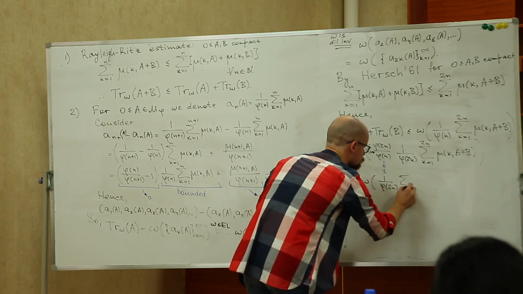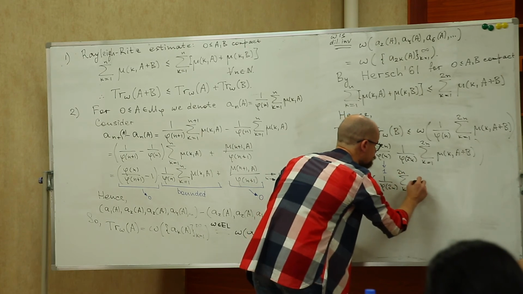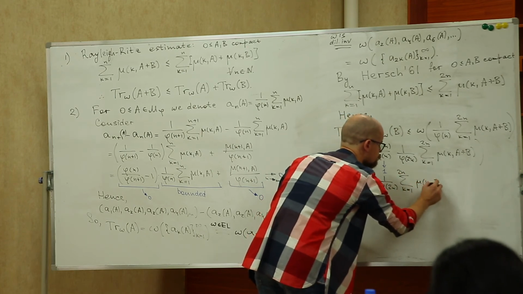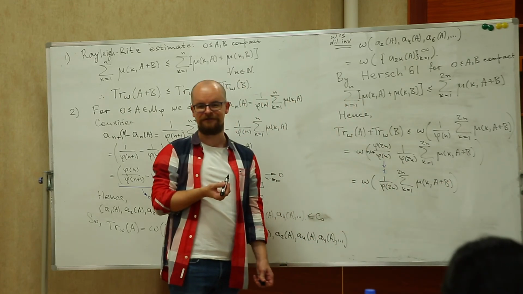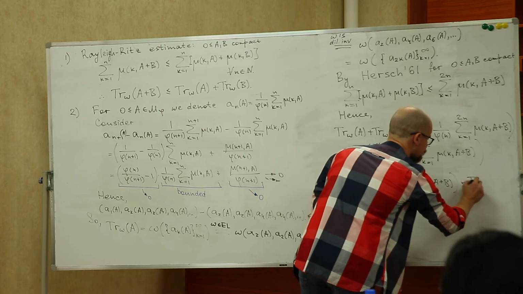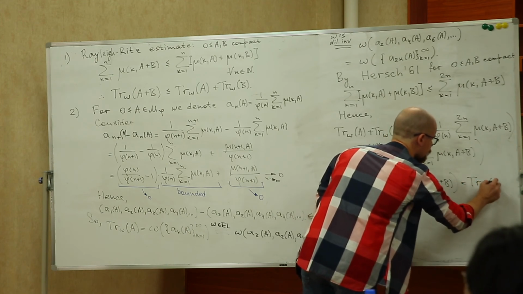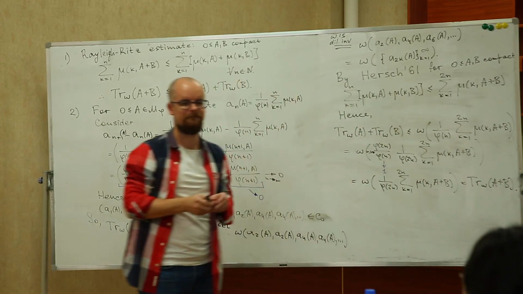2n, 2n, but omega is dilation invariant in zero. So this is nothing but trace omega of A3 plus A3.